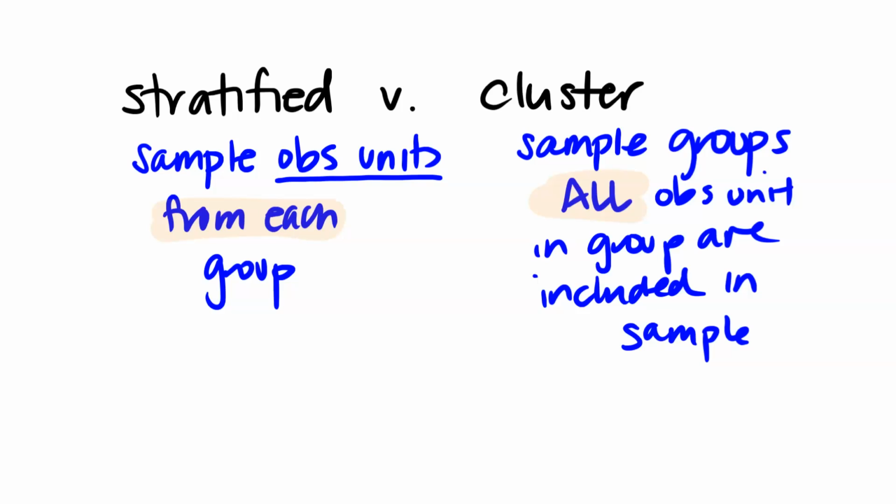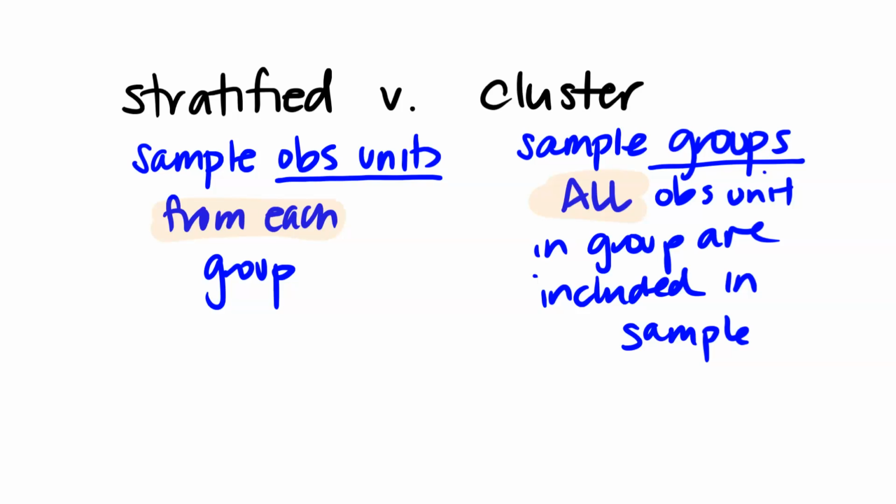You usually see "all" as a way to say, okay, I randomly sampled that acre and then I went out and collected information about all of the plants, or I randomly selected that household and then I got information about all of the occupants. But again, the most important thing here is the sampling unit. Our sampling unit is groups as opposed to the actual observational units, or things that we're collecting data on. So that's the big key.